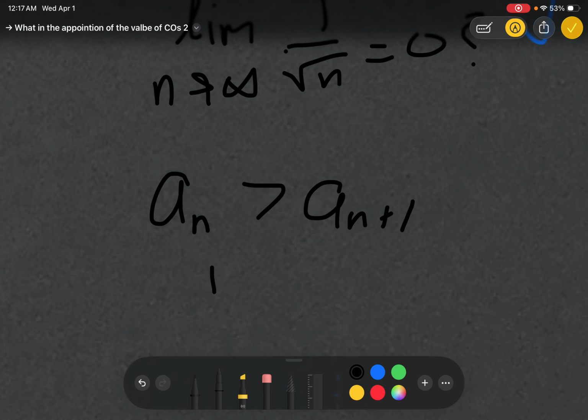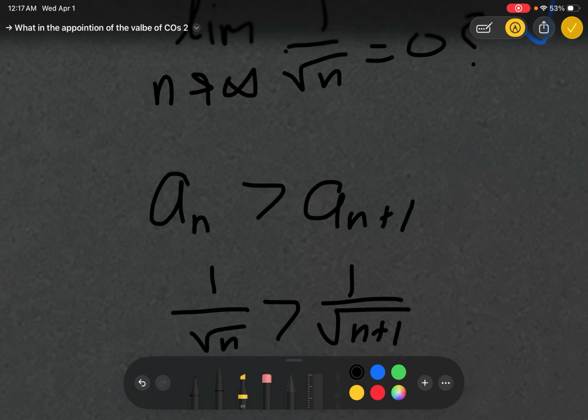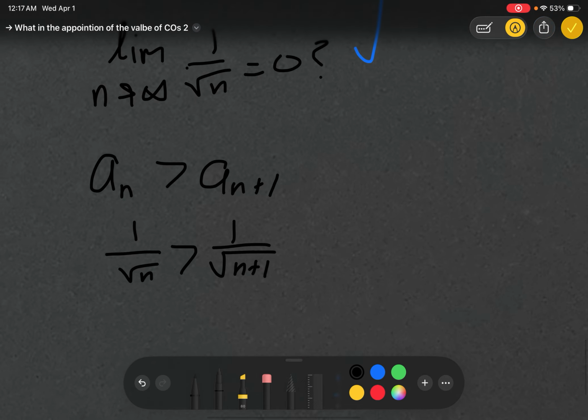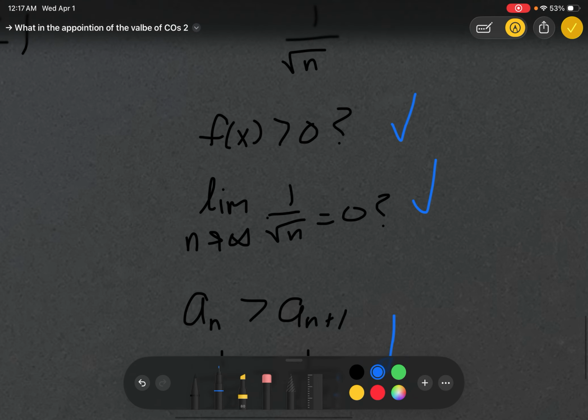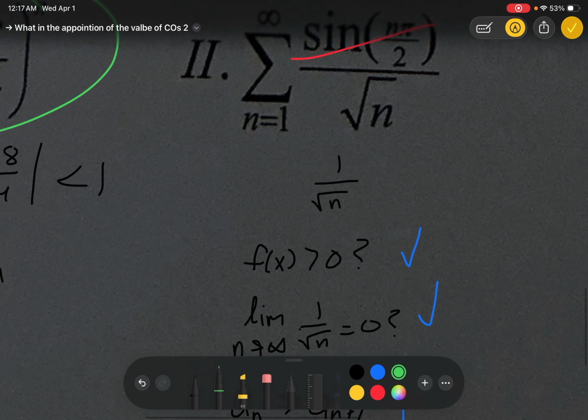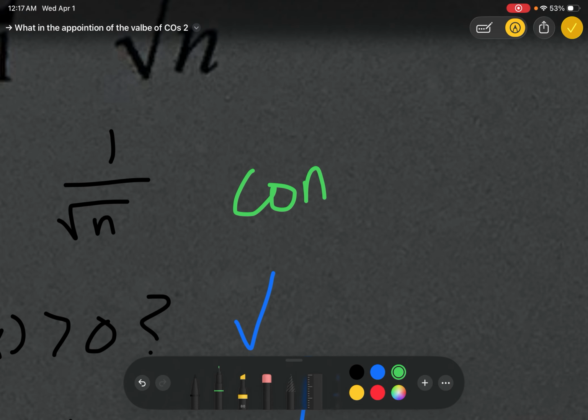So is 1 over root n greater than 1 over root n plus 1? Yes. We literally just explained that. The bigger the denominator with the small numerator, the smaller the outcome gets. So yes, this is true. This series does converge because of the alternating series test.